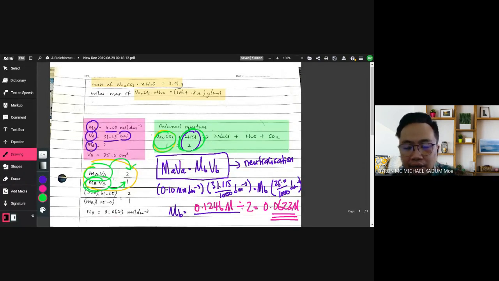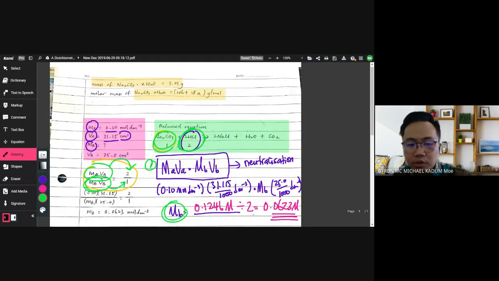Ini adalah formula untuk neutralization. Dua-dua yang ini. Cumanya sekarang yang ini dia buat step by step. Step 1, dia buat yang ini dulu. MaVa equals to MbVb. Dapat Mb dia tu, ataupun Ma dia tu, dia tengok balik pada balance equation. Sekarang, Mb dia ada 1, tapi dia punya base ada 1, dia punya acid ada 2. Dengan itu, bila dia dapat yang ini, kamu akan bahagi dengan 2.